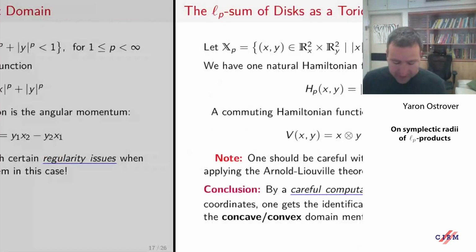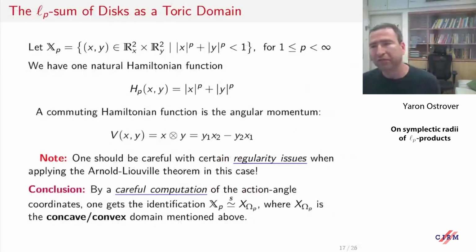And the second thing is that it is not enough for us to be able to answer the symplectic embedding question. It is not enough just to end up with a toric description of the body. It is important to get a toric picture which is convex or concave.